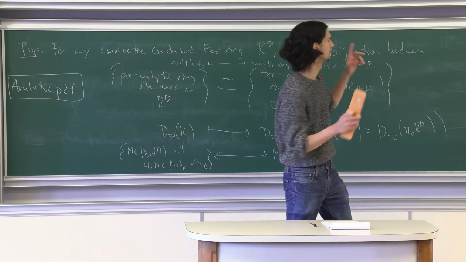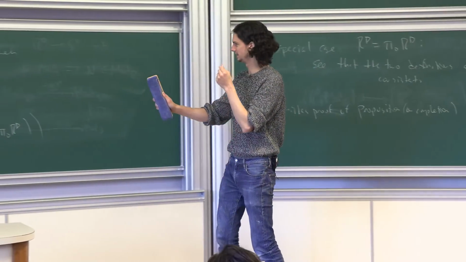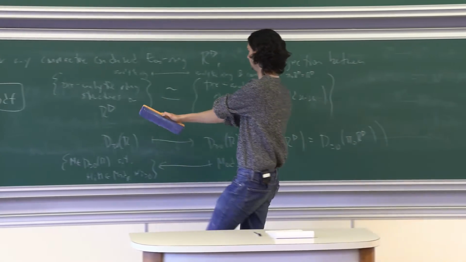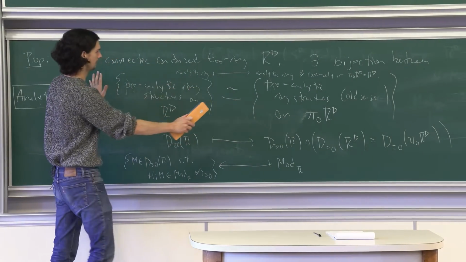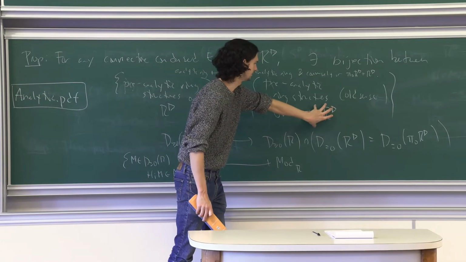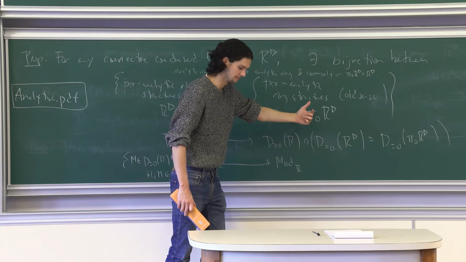Or maybe I should make another remark. It's important to note that the derived categories can change. If you take an analytic ring structure on pi naught, it gives you an abelian category, but we also argued it gives you a derived category.